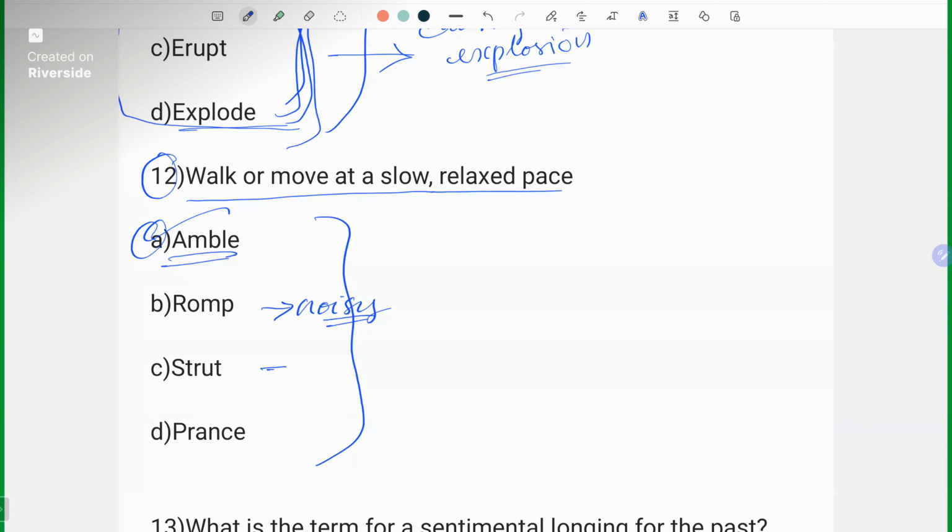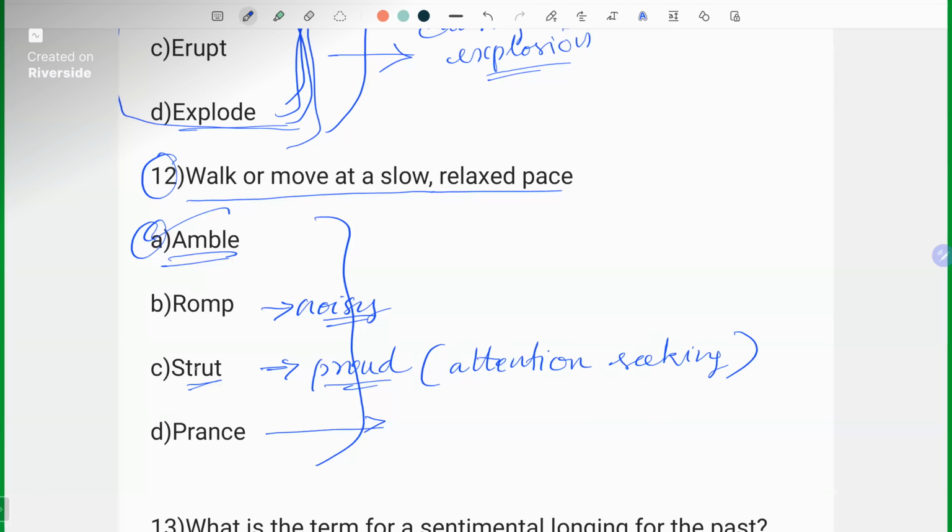Strut means proud, or even attention-seeking behavior. Amble is the opposite: relaxed walk versus energetic walk.